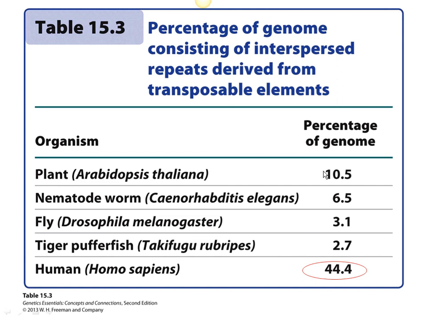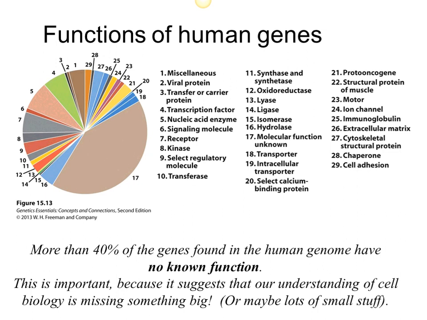You don't see an equal amount of that in some of these other model organisms. Drosophila only has 3.1% composed of these transposable element sequences.